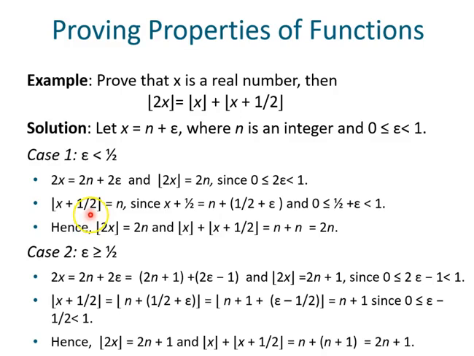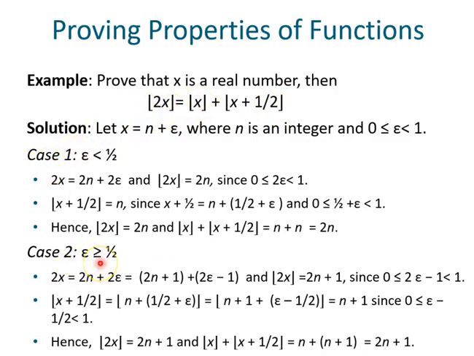So the floor of x plus 1/2 is n, and the floor of x is also n, so the right-hand side is n plus n, 2n. So the left-hand side is 2n and the right-hand side is 2n. They are equal. We have equality in case 1.